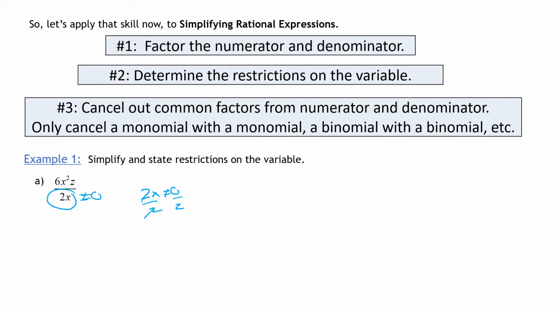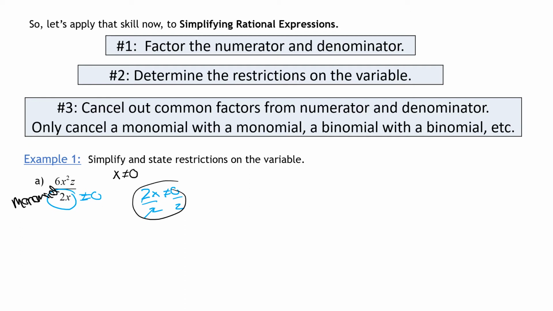It doesn't matter that I'm dividing by 2. So my restriction is x cannot equal 0. Anytime you have a monomial denominator like this one, it's always going to be just 0. You can solve it like I showed you here, but it's just going to be 0 all the time.